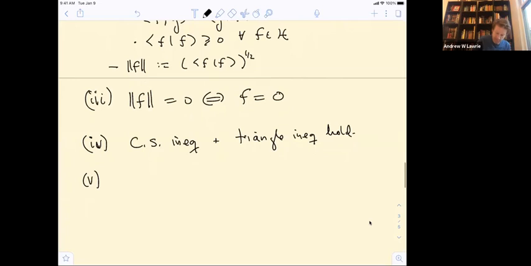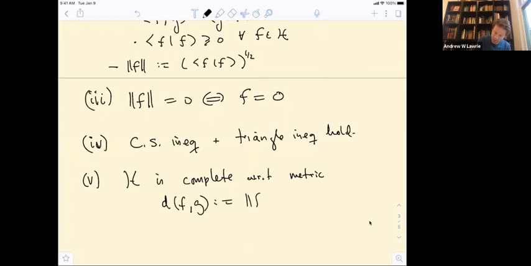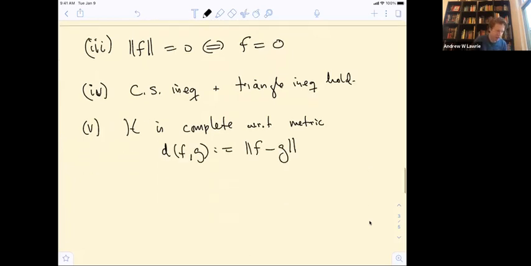Five, H is complete with respect to the metric. So it's complete as a metric space with respect to the metric, just take the norm of f minus g.